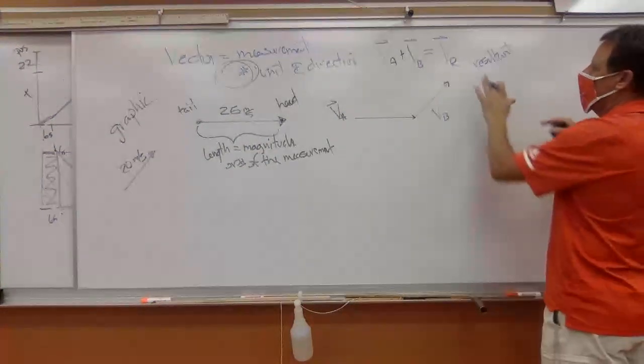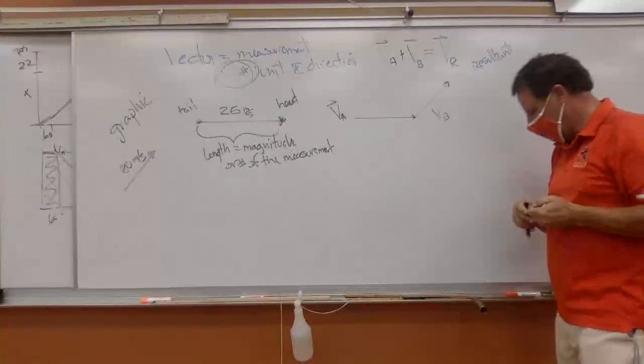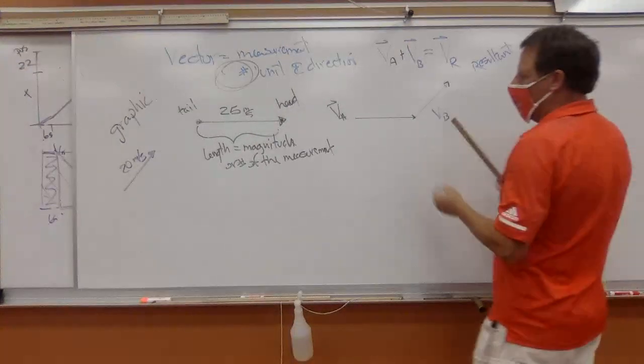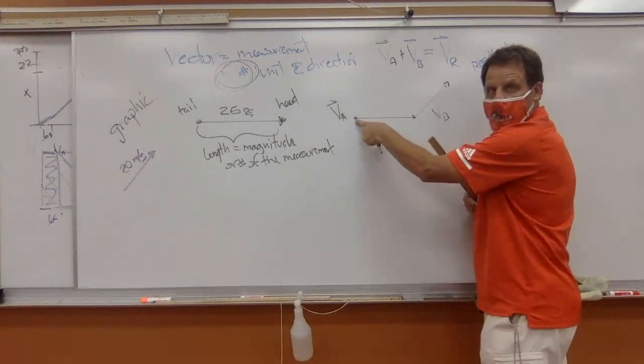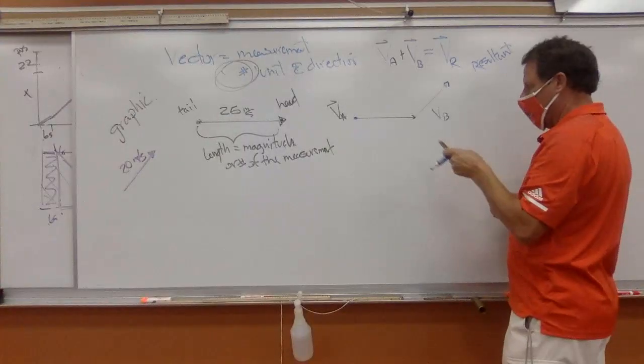That's the resultant vector. And the way we do that graphically is we connect the tail of the second one to the head of the first one.